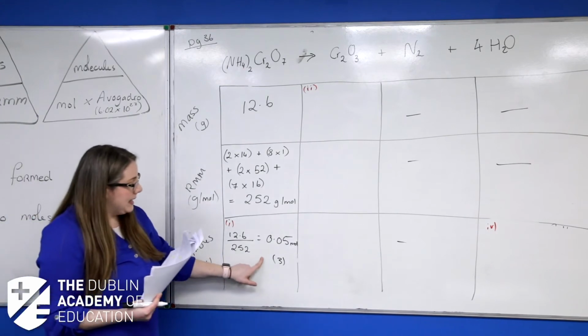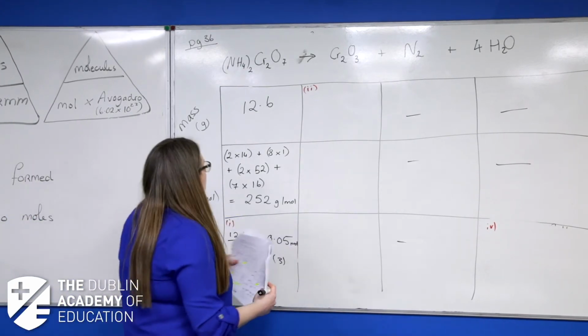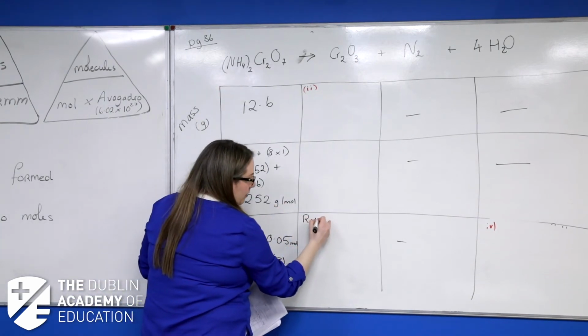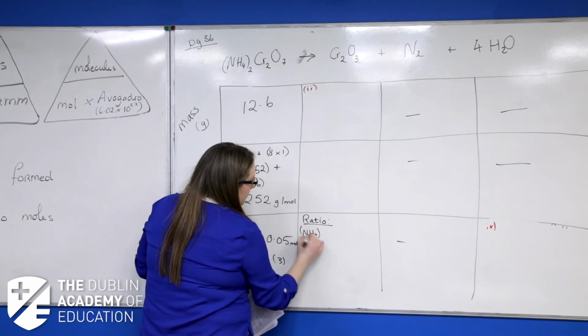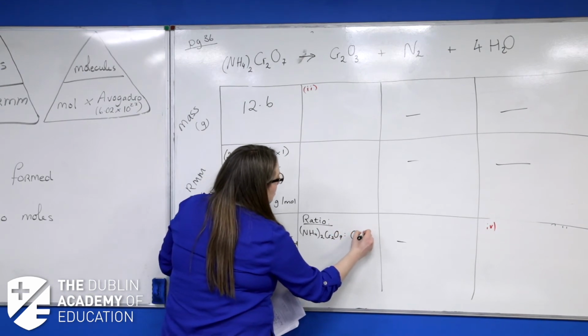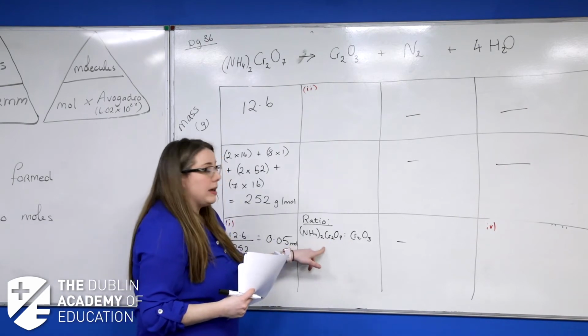Now, use this to find how many moles of your chromium 3 oxide were formed. Now look at the ratio. It's the ratio of (NH4)2Cr2O7 to Cr2O3. Now, I know these look quite complicated. It doesn't matter what they are.